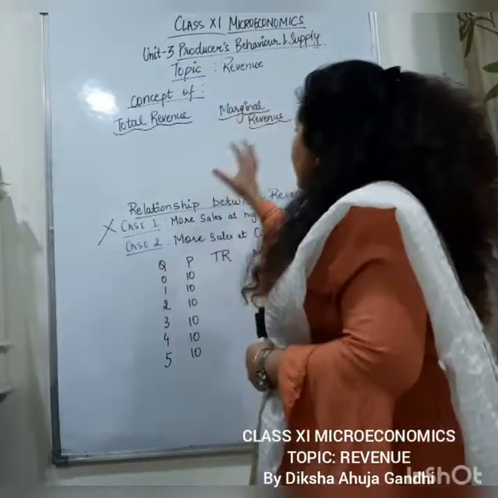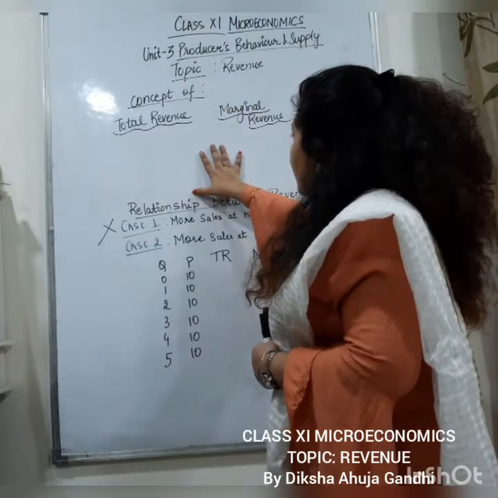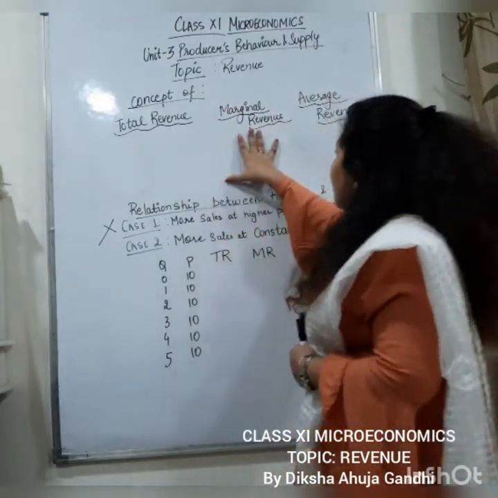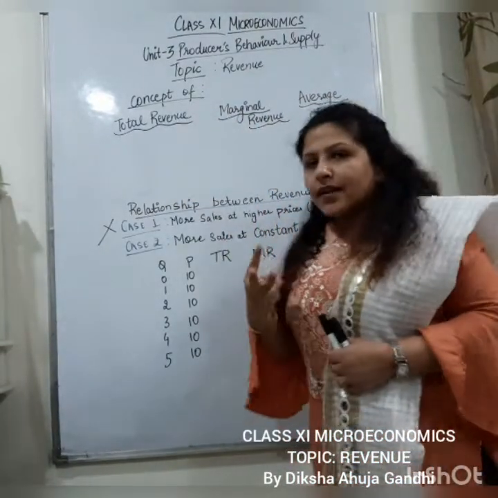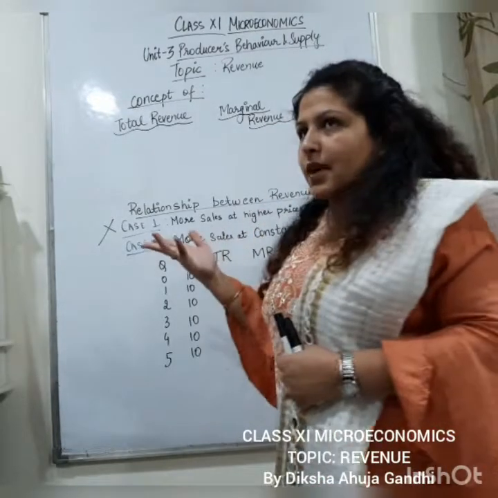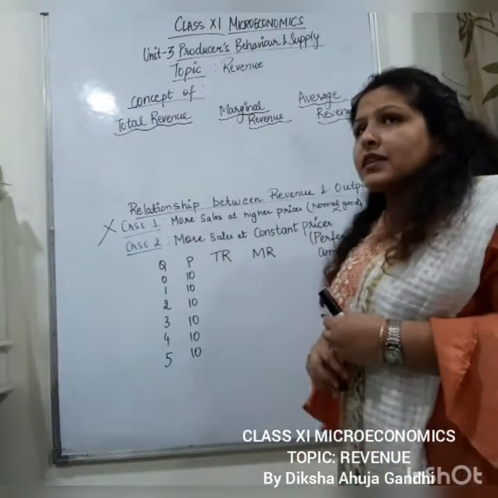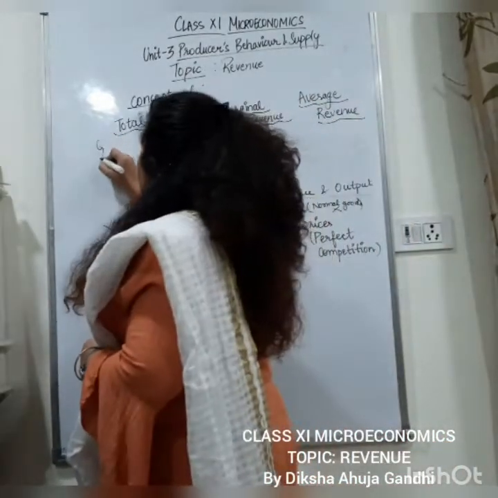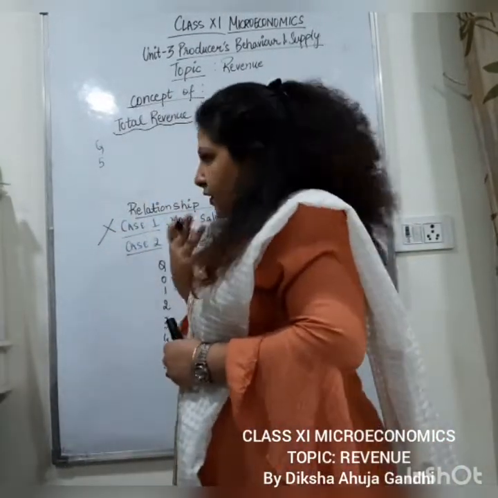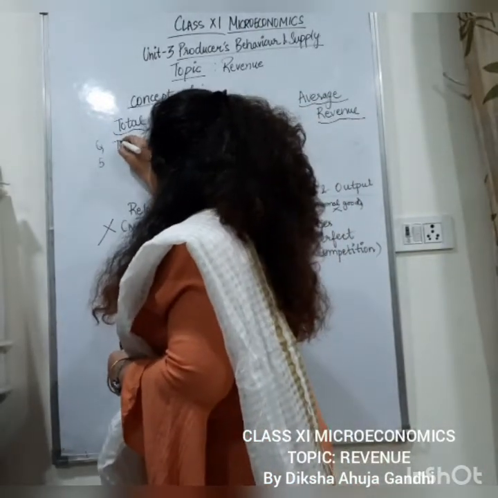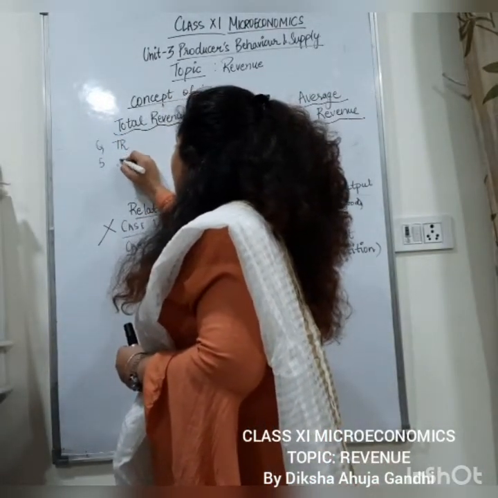So the very first topic here is the concept of TR, MR and AR. We should know these 3 terms because they are very important in this chapter: total revenue, marginal revenue and average revenue. Total revenue means, let's say by selling 5 units of Uncle Chips, I'm getting total money of 100, right?